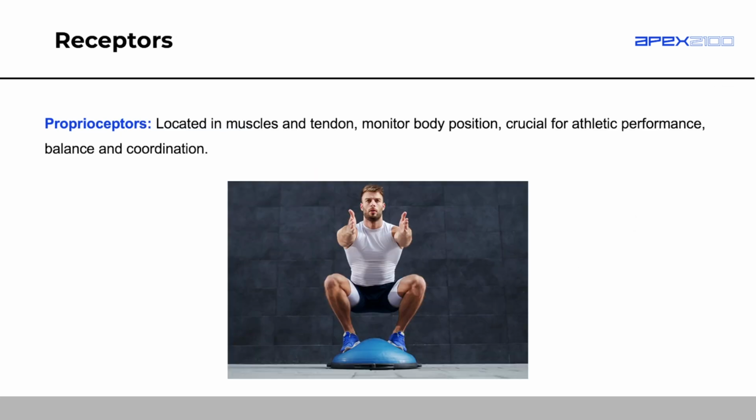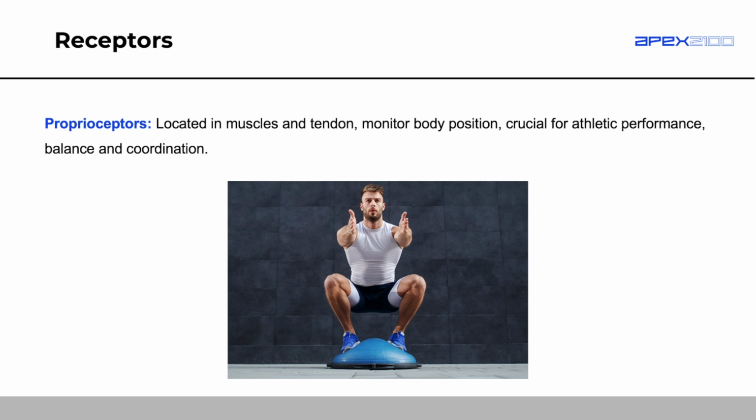Now, there's a few different receptors that we need to know as well. So how does our nervous system gather information and send that back to the brain for the brain to decide what to do and send out that effector information as well? We've spoken a little bit about receptors in the respiratory system, but we'll have a look at a few more here. The first one is proprioceptors.